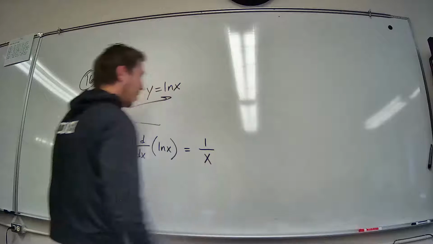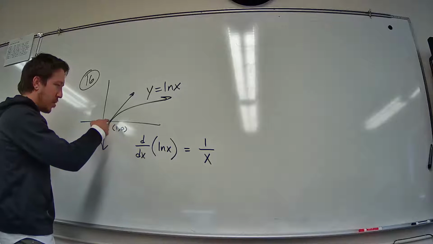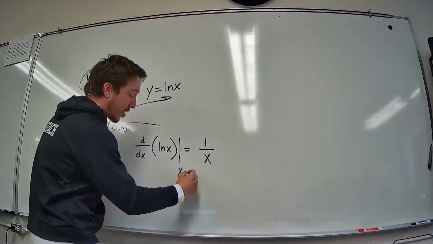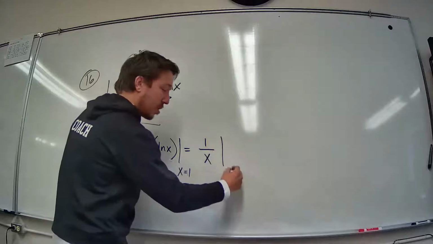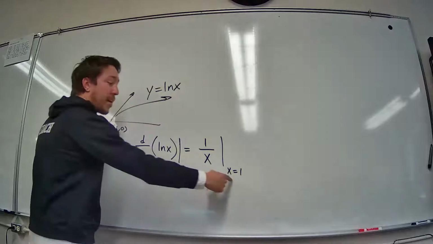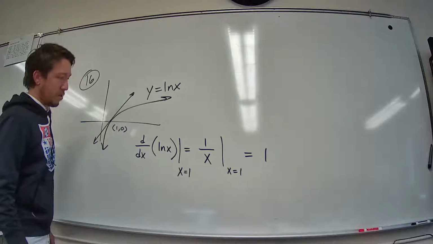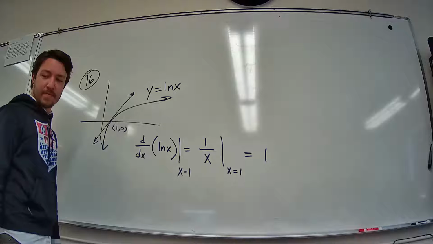1 over x. Okay, so then what I really should do is take the derivative and evaluate it at what x value? 1. So 1 over x evaluated at 1 is 1. Should we use point-slope form?